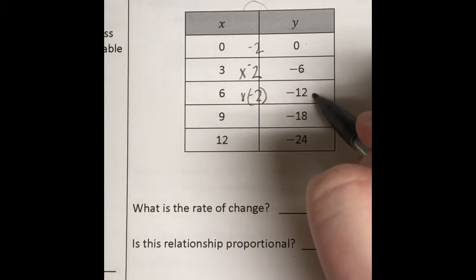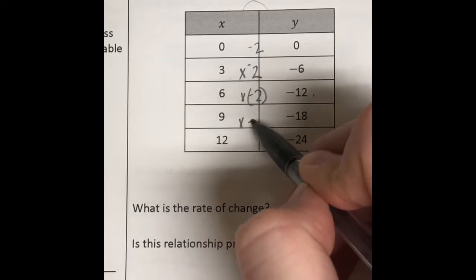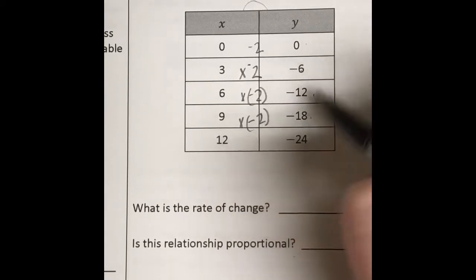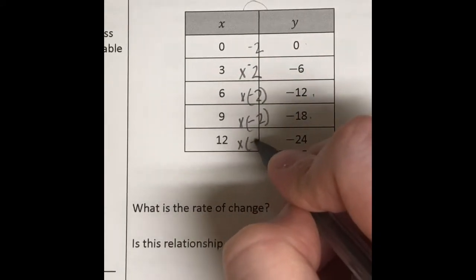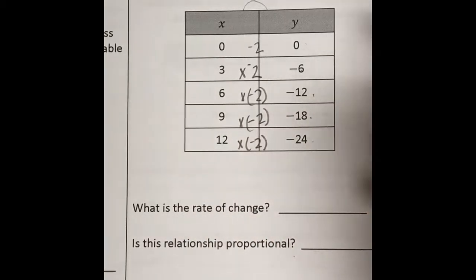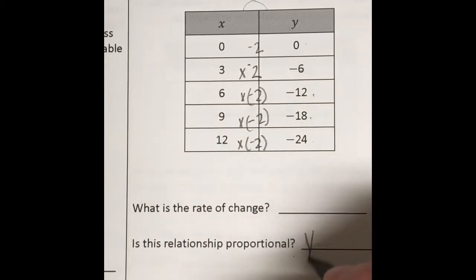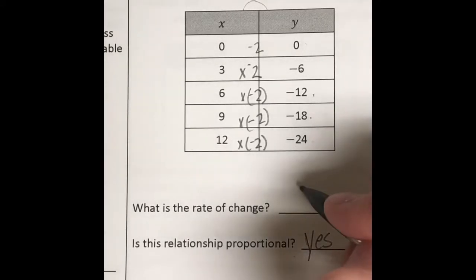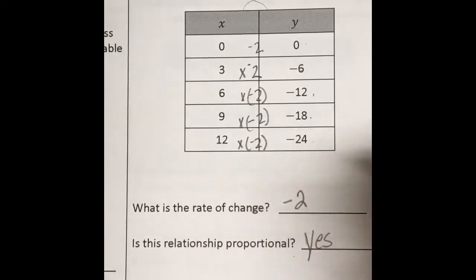Do I get negative 12? Yes. Is 9 times negative 2 negative 18? Yes. Is 12 times negative 2 negative 24? Yes. Is this proportional? Absolutely. What is the rate of change? The rate of change is negative 2.